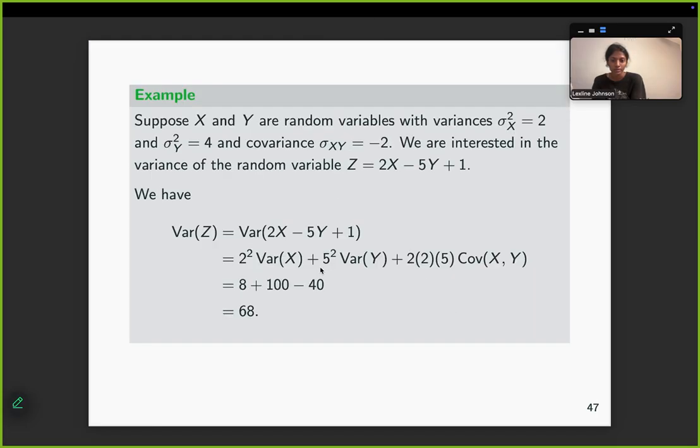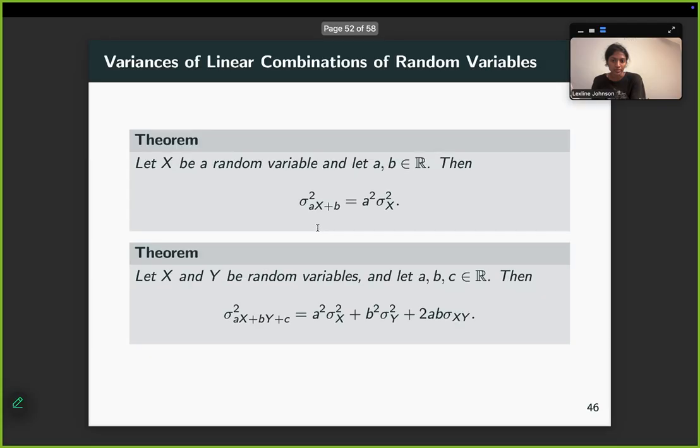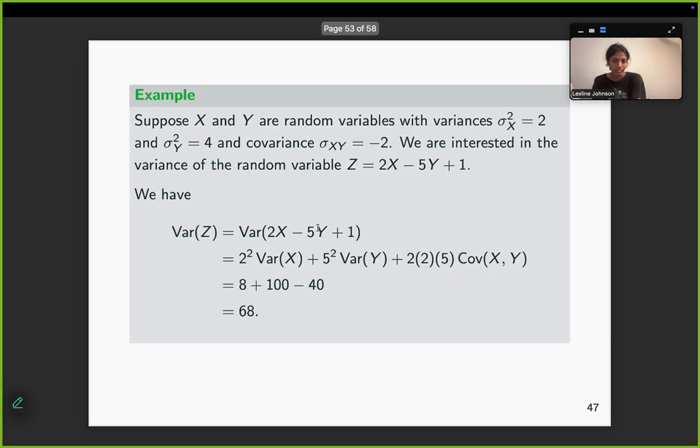So 2 times a is 2, b is 5, and then times our covariance of x and y. And notice that our constant doesn't affect anything. And so we can solve for that, and we get our result, which is that our variance of z is 68.